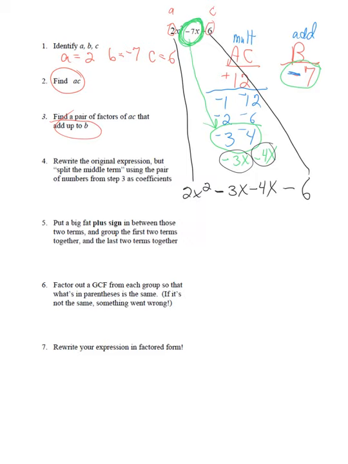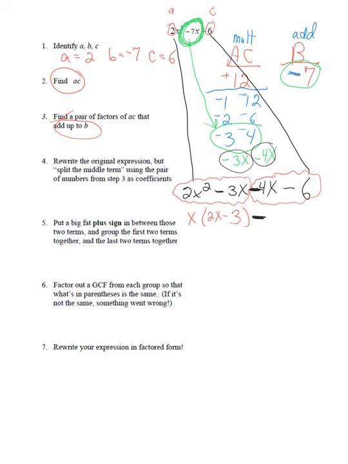So let's finish this. We realize now that we have two groups. I'm going to grab the first two and factor out what I can. Well, all I can pull out is an x. And I'm left with 2x minus 3. You remember from our first page of this video that we said whenever there is a negative sign, we pull that negative out with it, it's part of the greatest common factor.